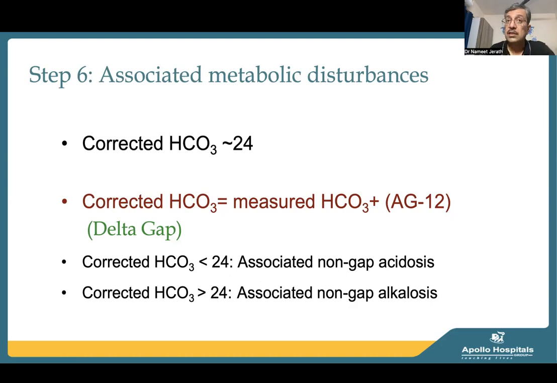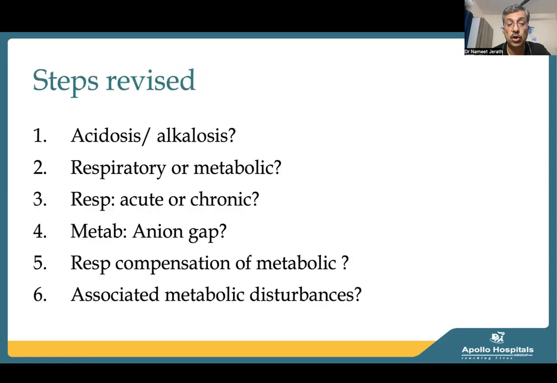So you can think of it in this way: you can have a metabolic acidosis with respiratory compensation and still have a non-anion gap alkalosis or acidosis on top of it. So if we do these 6 steps sequentially in all children, we are unlikely to miss any major metabolic acid-base disturbance which is happening in the body.